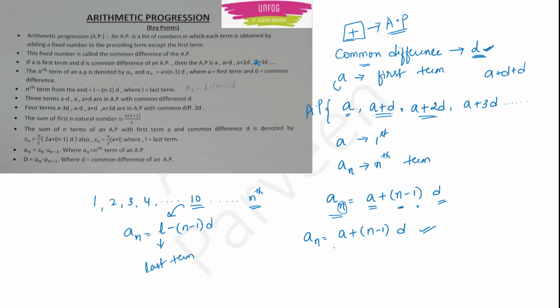If you don't have common difference and if you don't have first term given in that question and again still you are told to find the nth term, but they have given you the end term, the last term. In that situation, you can find an is equal to L minus n minus 1 into d. You can use this formula to find an. Okay. Remember these two formulae now. Okay. At the last, we can make the list also. Don't worry.